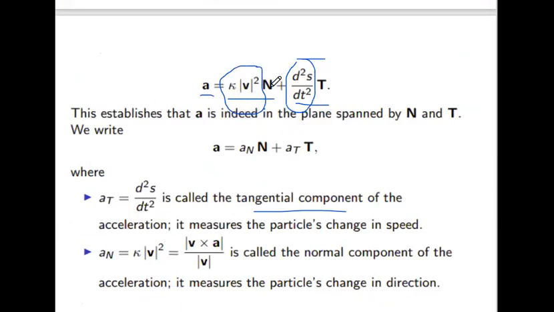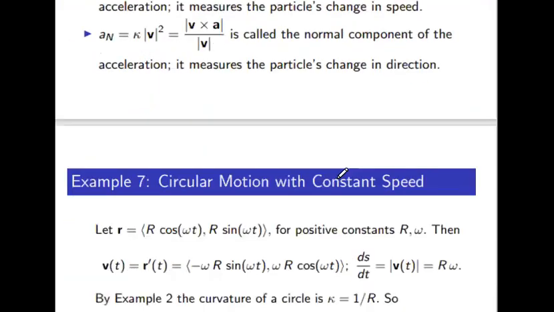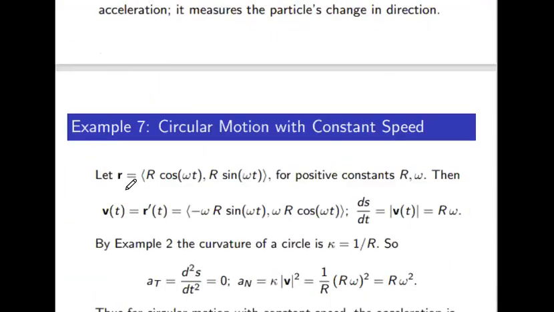Okay, so let's take an example. A particle is moving around this circle. The center is the origin and the radius is r, with angular velocity omega.